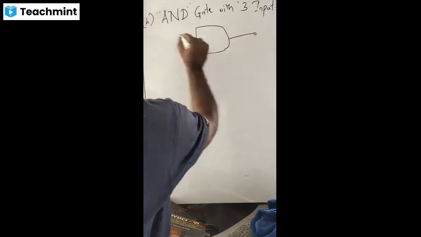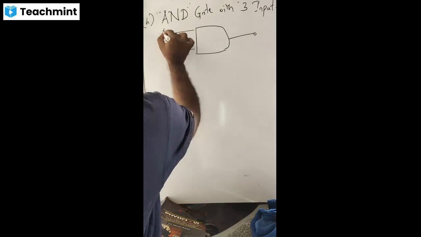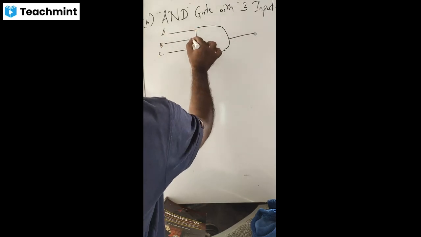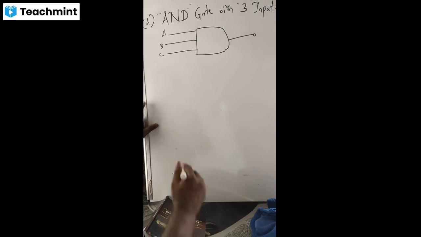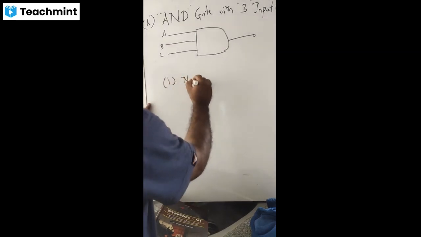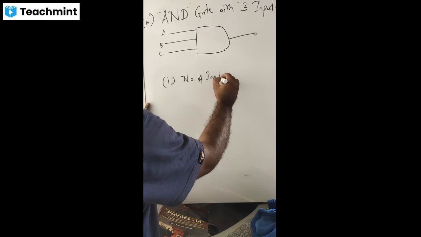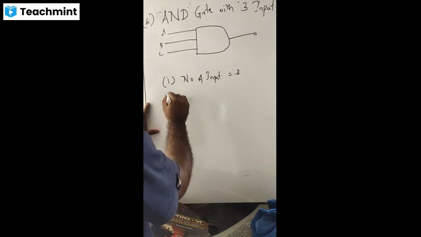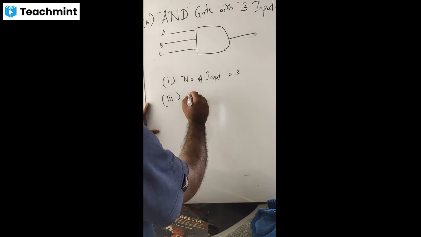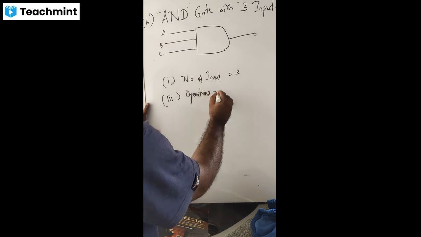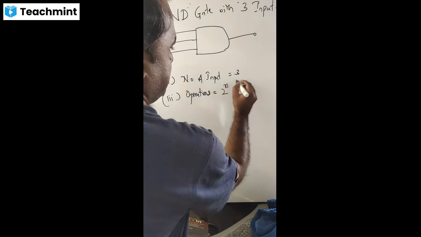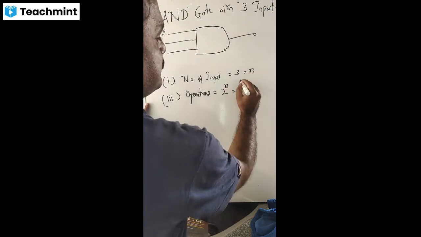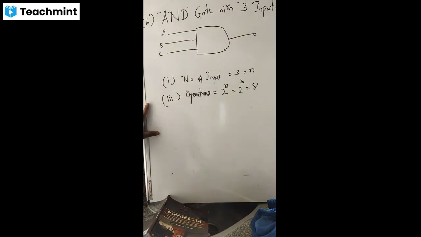Output will be Y, inputs A, B, C. Since inputs are 3, number of inputs n equal to 3, then number of operations, possibilities, both are same. It is 2 raised to n. This is n equal to 3, 2 raised to 3. Obviously, you are going to get 8 operations.